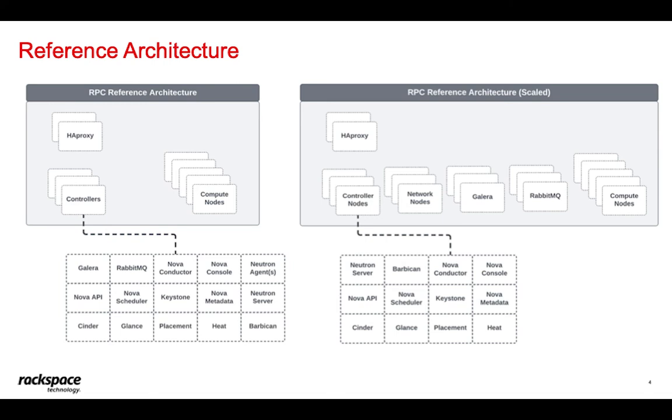So not only is Neutron server starting to raise up, but so is RabbitMQ. But if you eliminate certain agents like the L3 agent, maybe you only do provider networks, maybe you only do a few DHCP agents, whatever.